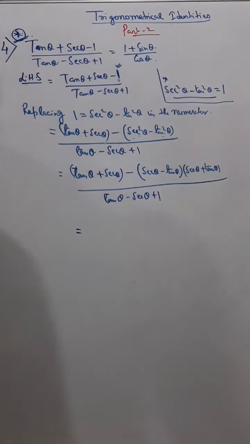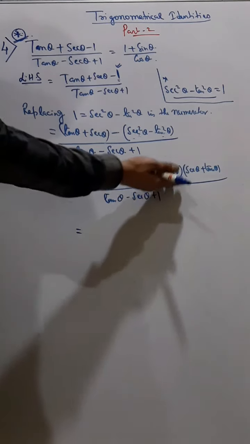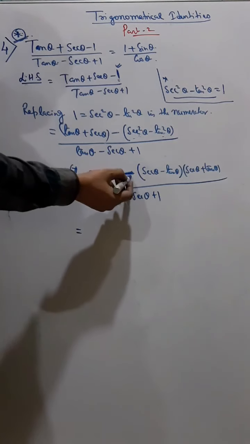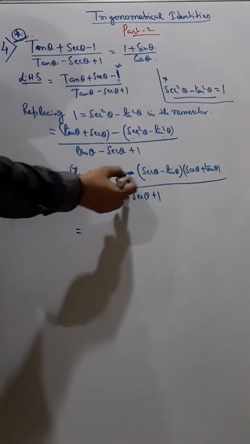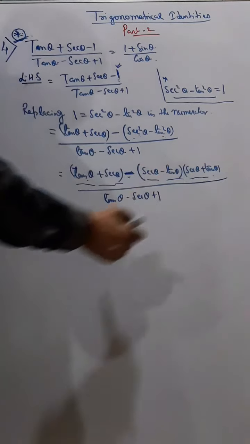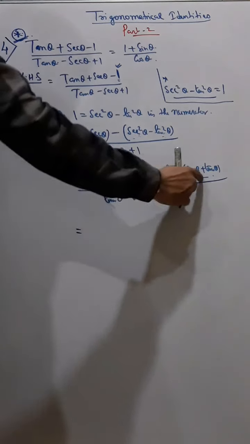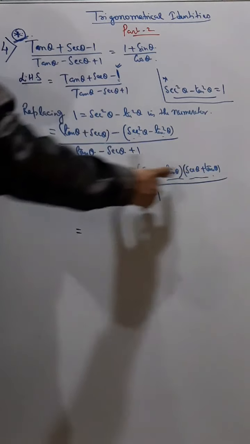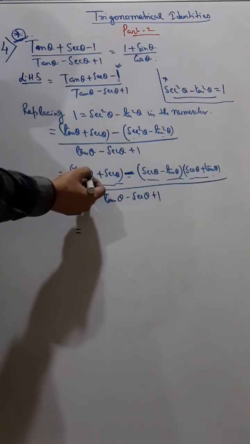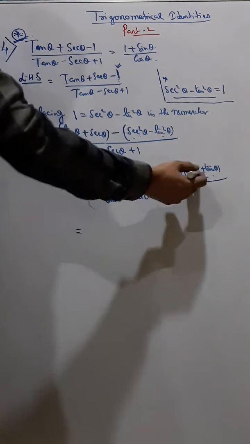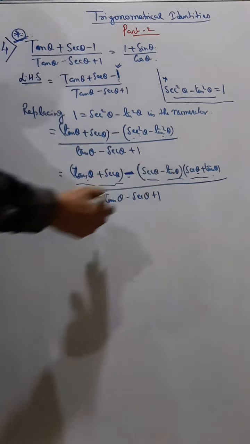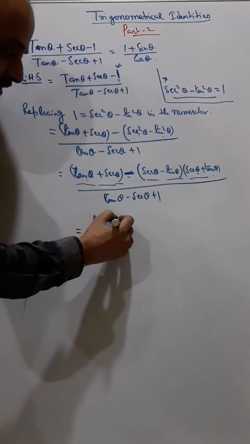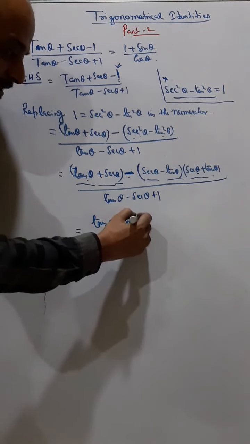And now if you see, in the numerator there is a minus sign; before the minus is one term, and after the minus is another term. In both of these terms you can take tan theta plus sec theta common. So we are taking tan theta plus sec theta common.